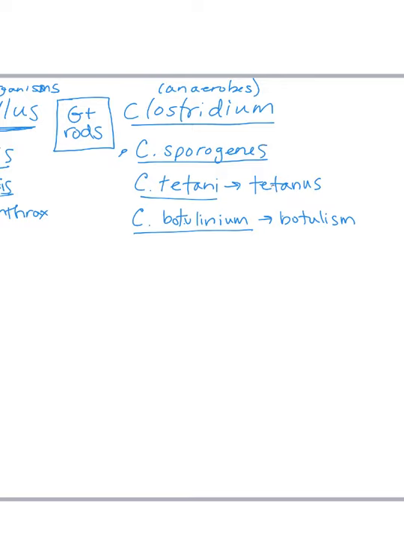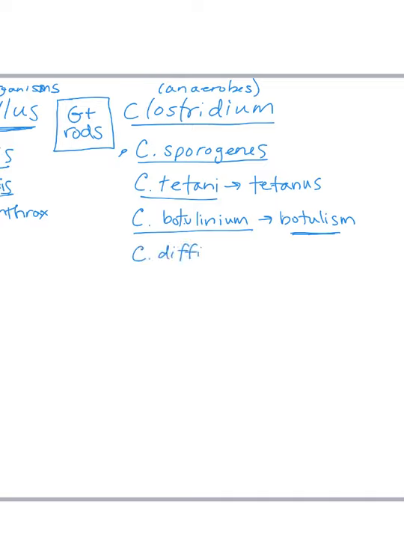For tetanus, that neurotoxin keeps our muscles from relaxing, making a very rigid type of paralysis. Botulism is a form of food poisoning, and the toxin produced keeps our muscles from contracting, so it's called a flaccid paralysis. Eventually patients aren't able to flex their diaphragm in order to breathe. So both are really nasty infections.